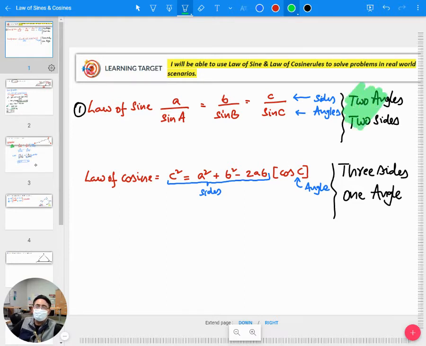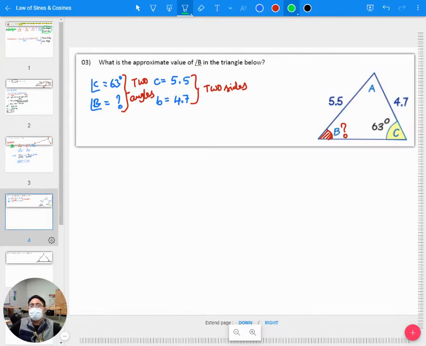Please see this one. Two angles and two sides. Therefore, we have to make use of law of sines. Now let's jump back to the question. So you know law of sines is to be used because two angles and two sides are involved. So let me take to this page.